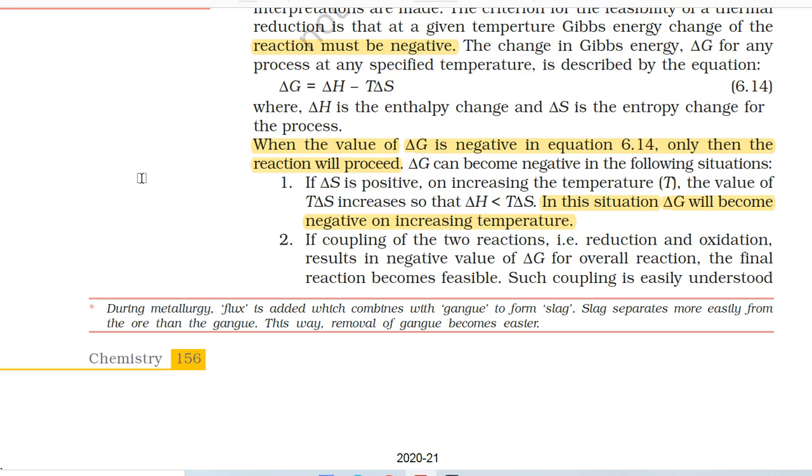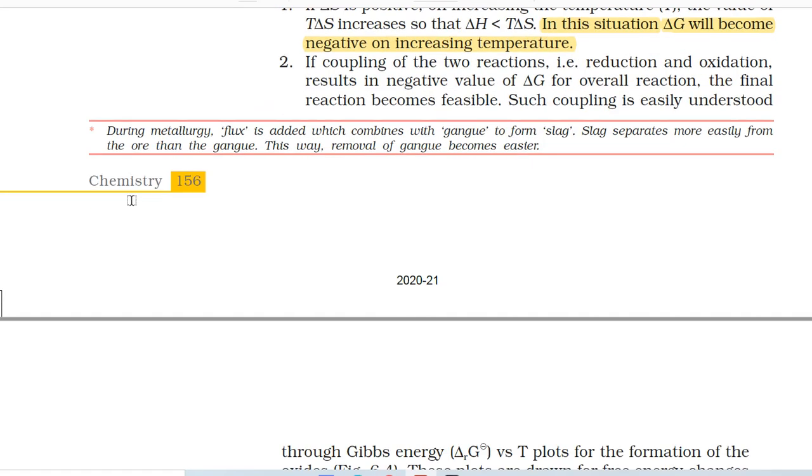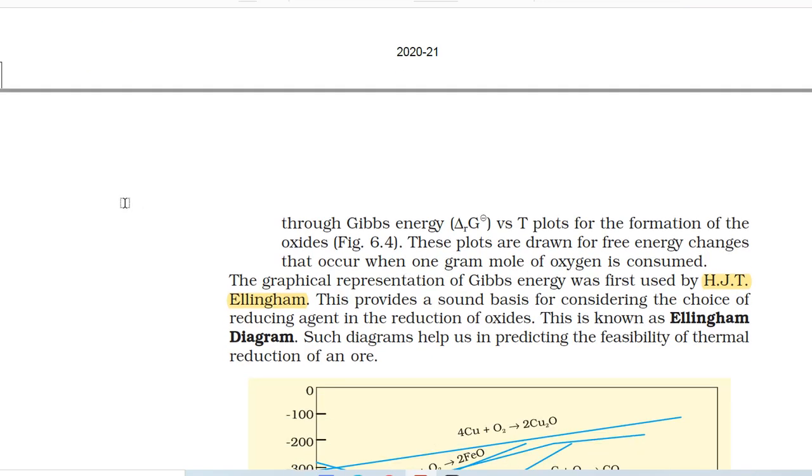First, if delta S is positive, on increasing the temperature T, the value of T delta S increases so that delta H is less than T delta S. In this situation, delta G will become negative on increasing temperature. Second, if coupling of the two reactions, that is reduction and oxidation, results in a negative value of delta G for the overall reaction, the final reaction becomes feasible. Such coupling is easily understood through Gibbs energy.